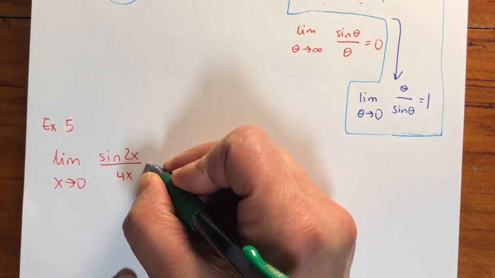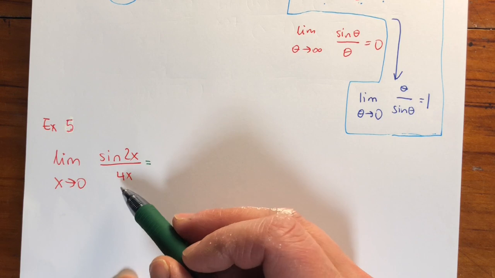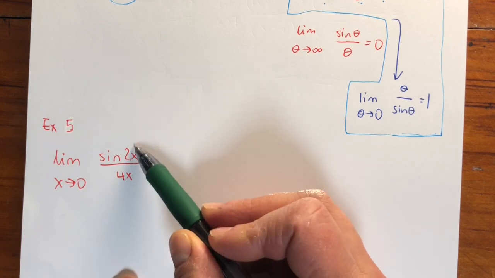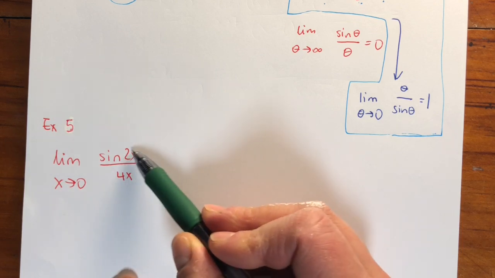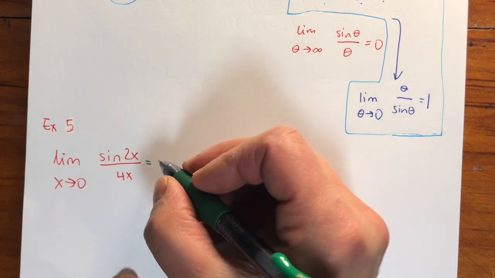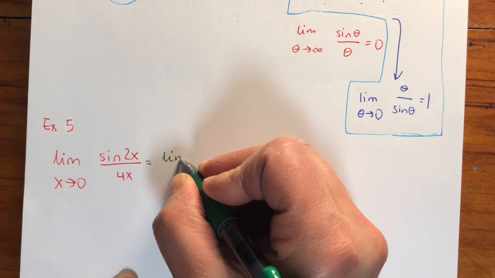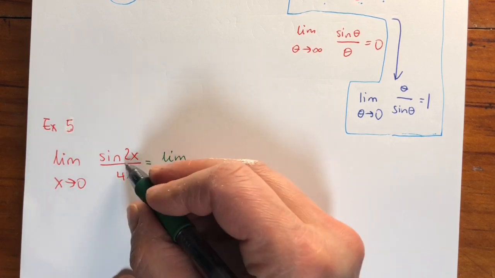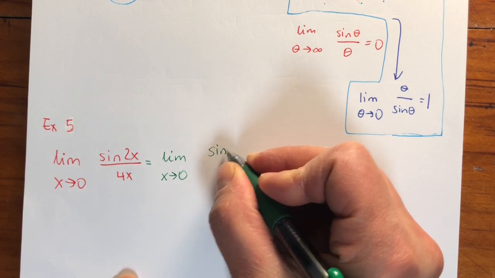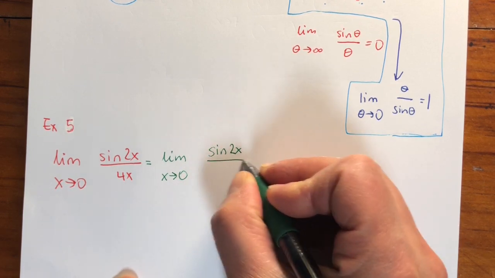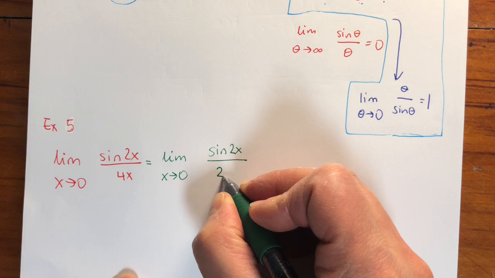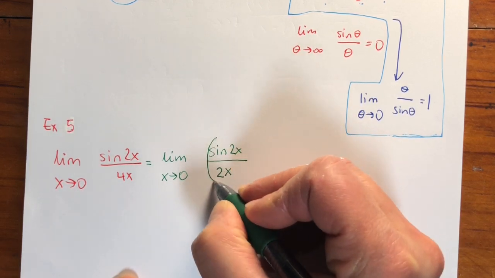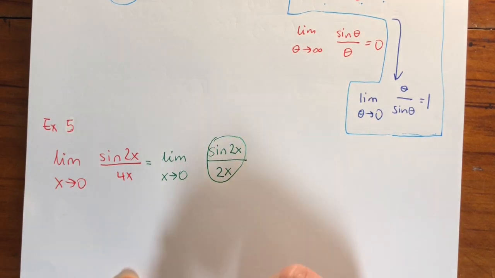But let's take a look at this one. So another one that involves the limit, and this has 2x, this has 4x. Well, it's always difficult to play with the angles with trig. So what I am going to do is I am going to leave this alone. But now I want to make sure that this is 2x. So then I know that this is equivalent to 1.